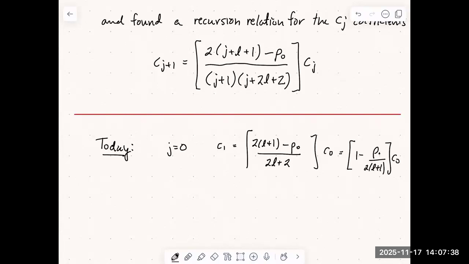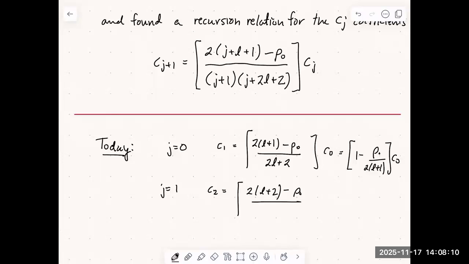So I could keep going. I could say, well, what if I put j equals 1? Then on the left, I'm going to get a C2. And that's going to be equal to, well, let's see. If I put in j equals 1, I get a 2L plus 2 minus rho 0. And then I get a 2.